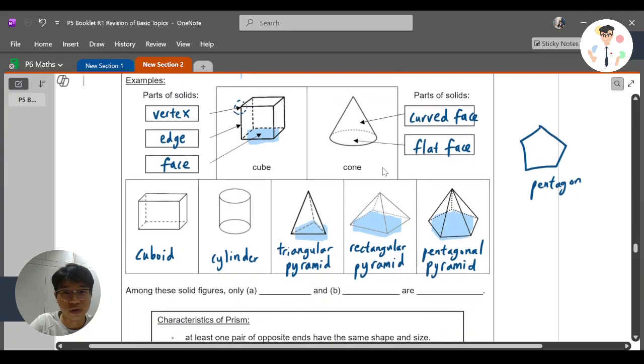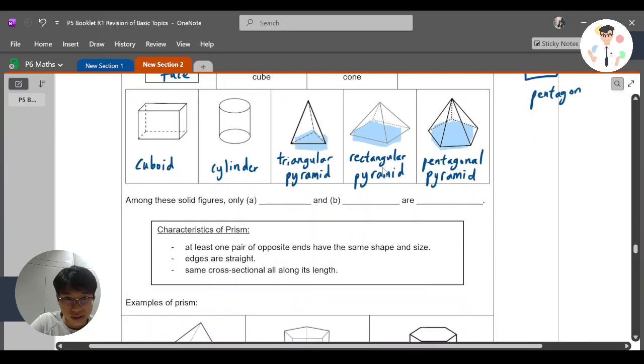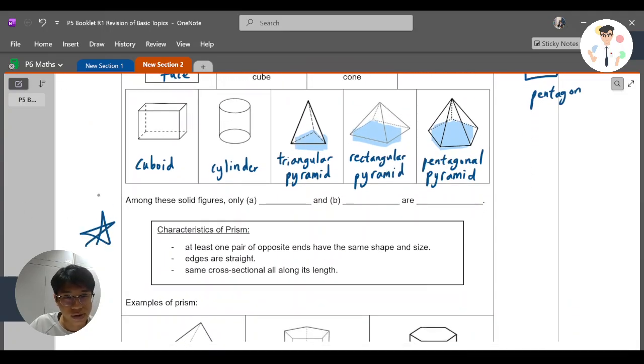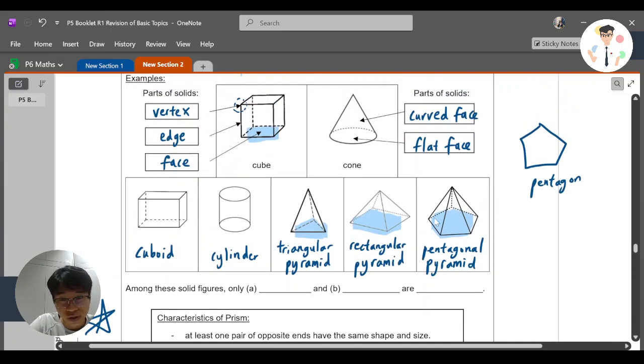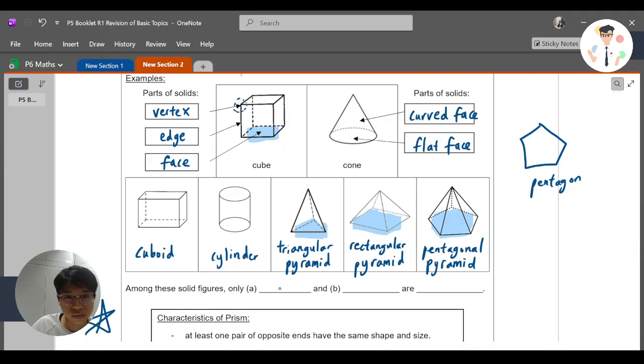Okay, let's move on. Now, this is the part that is very important. I need you to pay attention here. Among all these different solid figures, 1, 2, 3, 4, 5, 6, 7, only 1 and 1 are something we call a prism. Only the cube and cuboid, we call a prism.